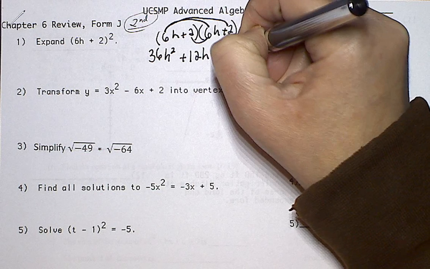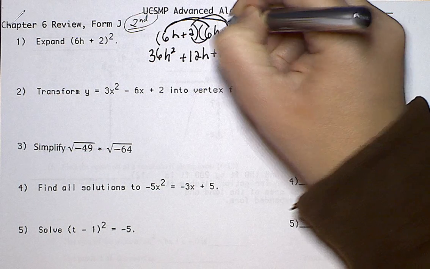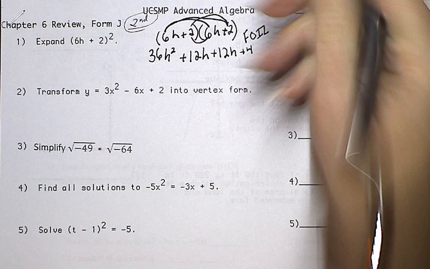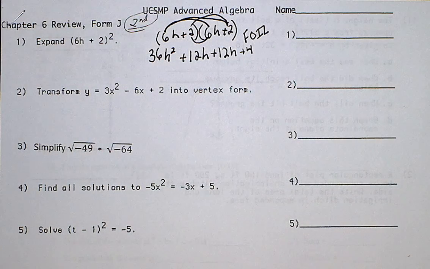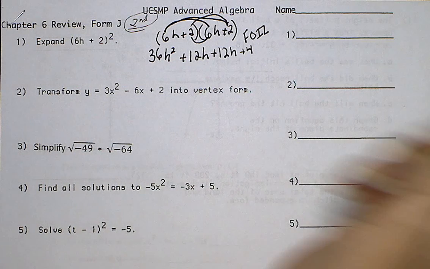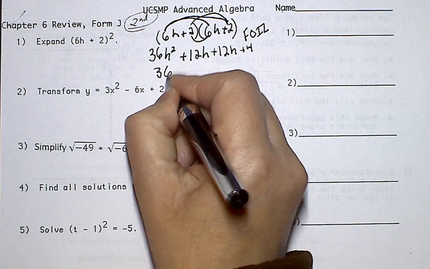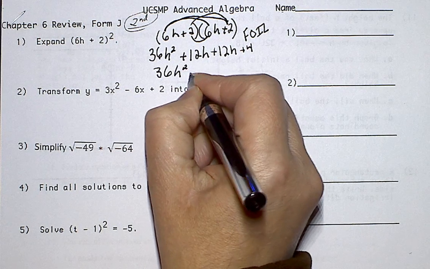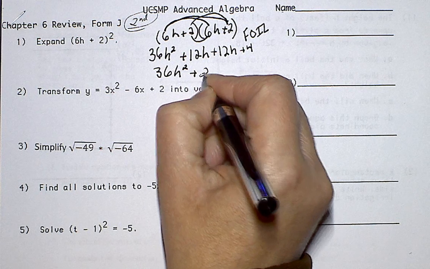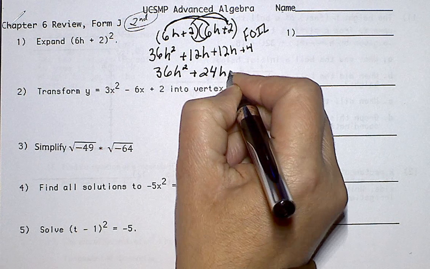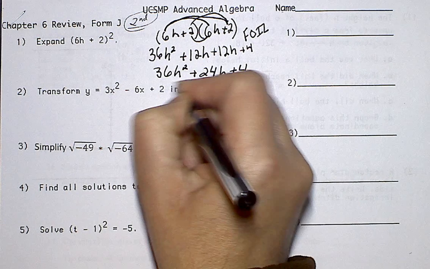And then last, which is 2 times 2, which is 4. Alright, so now we're going to combine like terms. So we have 36h squared plus 12 and 12 is 24h plus 4. And that is our answer.